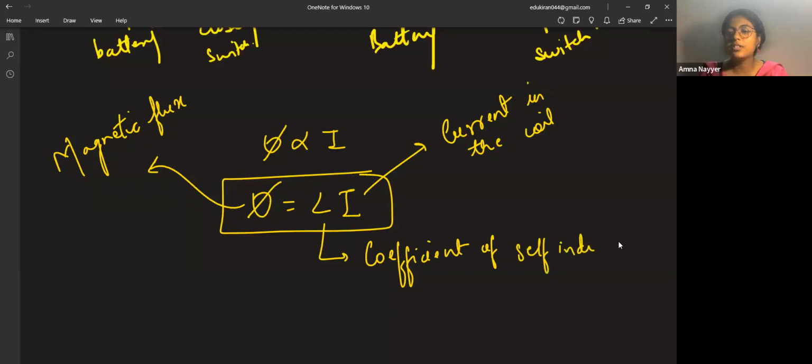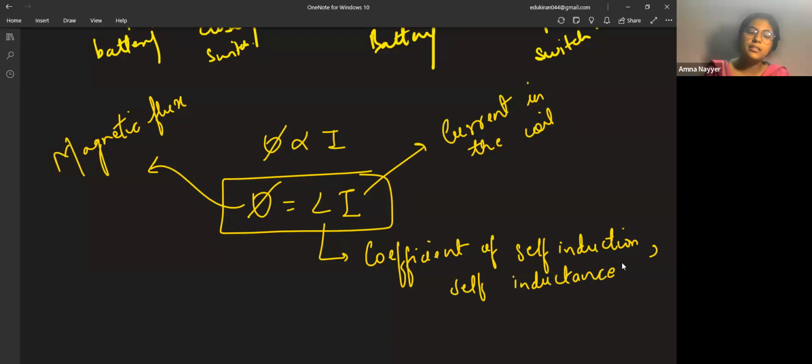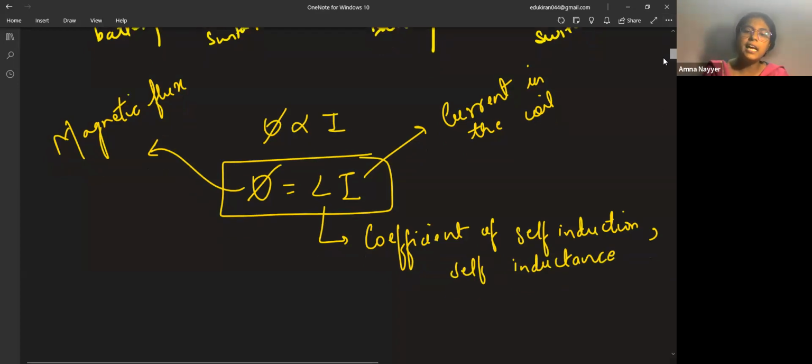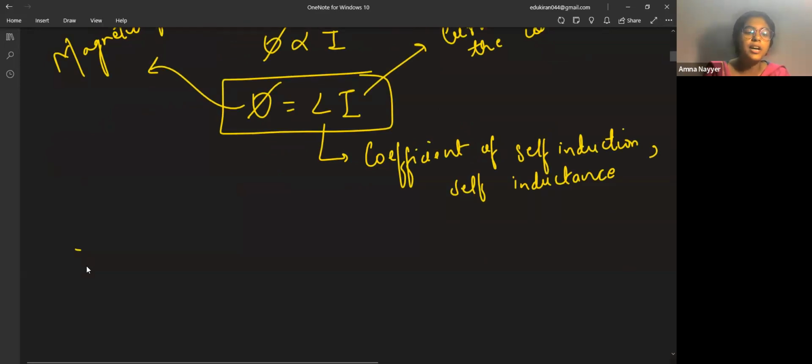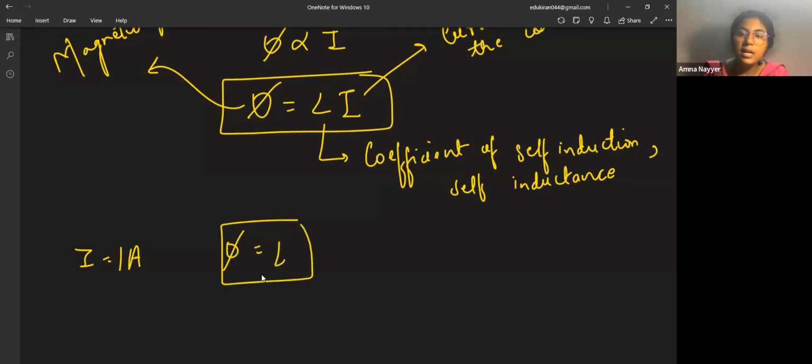This is the coefficient of self-induction, or we also use the term self-inductance. Self-inductance will be used a lot in AC, alternating current. So how can you define L also? If we take current as 1 ampere, then flux and L will be the same. It means the coefficient of self-induction is the amount of magnetic flux for 1 unit of current.